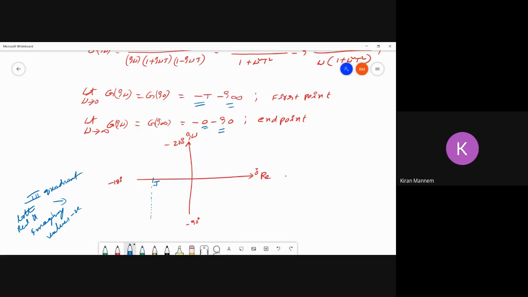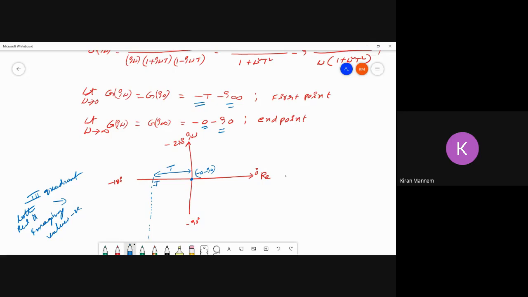Minus t. Minus j infinity means it is somewhere like this. And the last point would be minus 0, minus j0, and this will be your t here, the length.